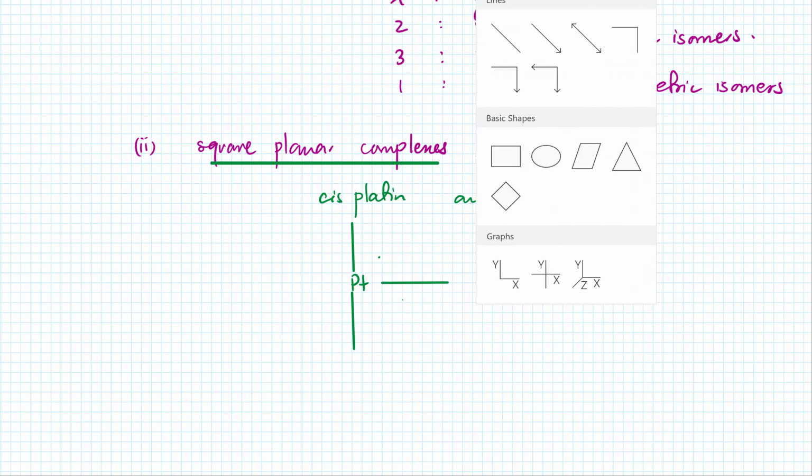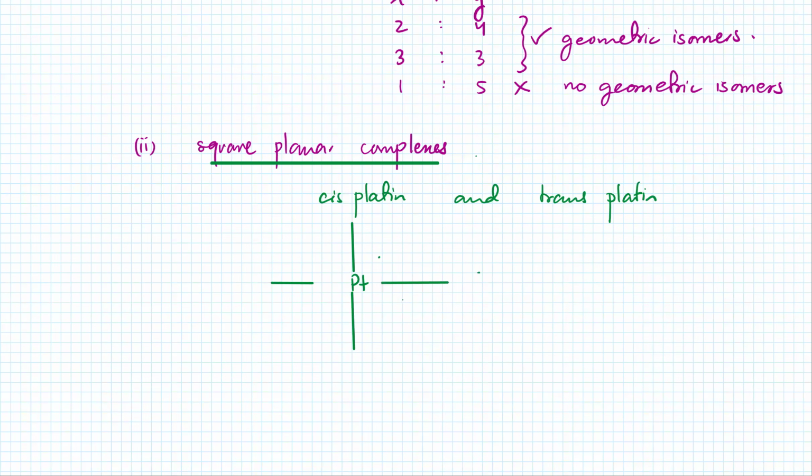Okay, so there's a platinum in the middle, and here are your four bonds, and the shape of the molecule is exactly 90 degrees. It's completely flat. Think of the page, and there's no bond coming towards you or going into the page. It's completely flat. All the bond angles, they're all 90 degrees.